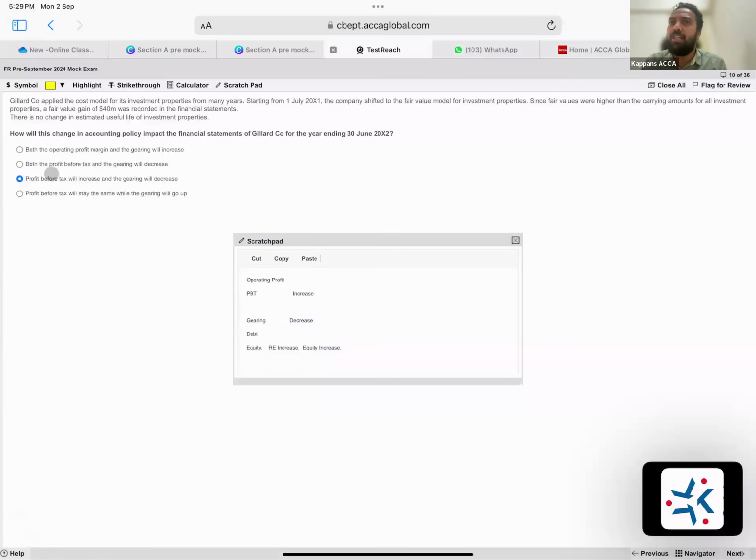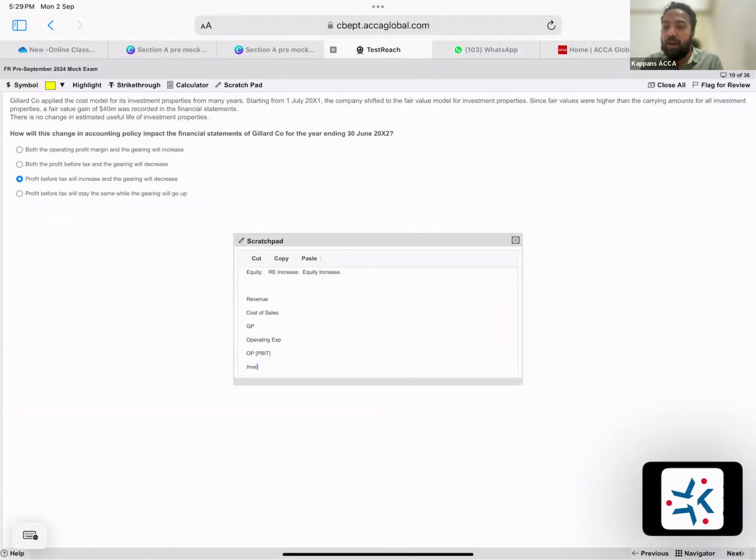Now the next question is, sir, why are we not considering operating profit here? For that, you have to understand operating profit is based on PBIT. To understand the format of SOPL, revenue less cost of sales gives gross profit, less operating expense, which is selling and distribution expense and admin expense, you get operating profit or PBIT.